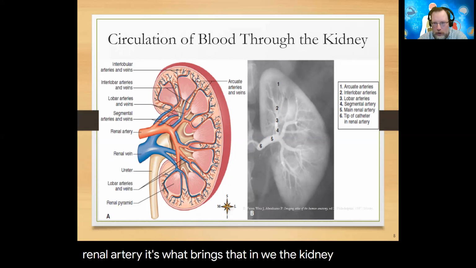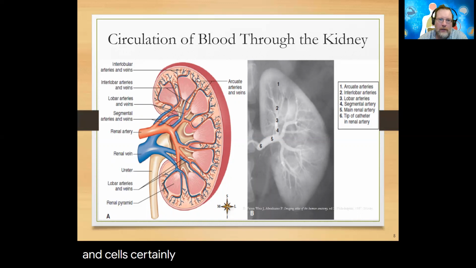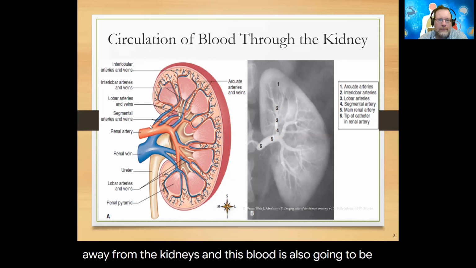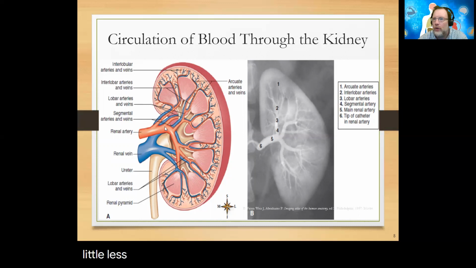The kidney tissues and cells certainly are able to receive nutrients from that renal artery. The renal vein takes blood, certainly low in oxygen, away from the kidneys. And this blood is also going to be hopefully a little less full of a variety of items that maybe are less desirable. So anyway, which we'll look at.